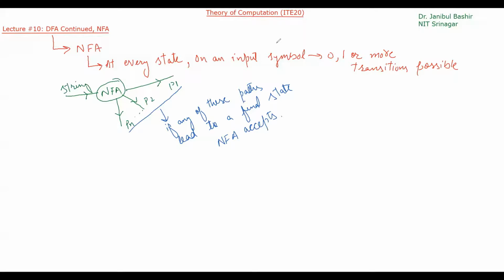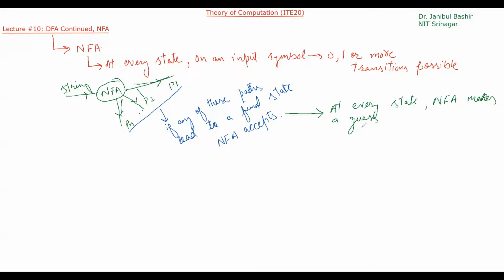And to say it in clear words, we say that at every state, our NFA makes a guess. And we know that it can follow path 1, path 2, or path n.